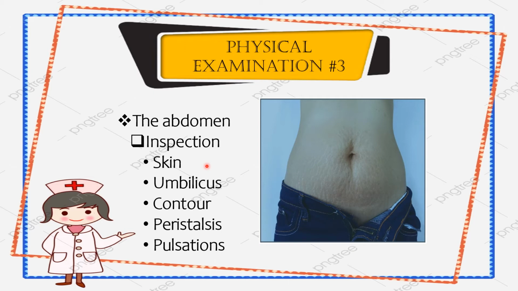When we say striae, those are old silver stretch marks that are actually normal, especially after childbirth or when the patient has gained weight. Then the umbilicus, the contour, the peristalsis, and the pulsations. Those are the things that we should observe.